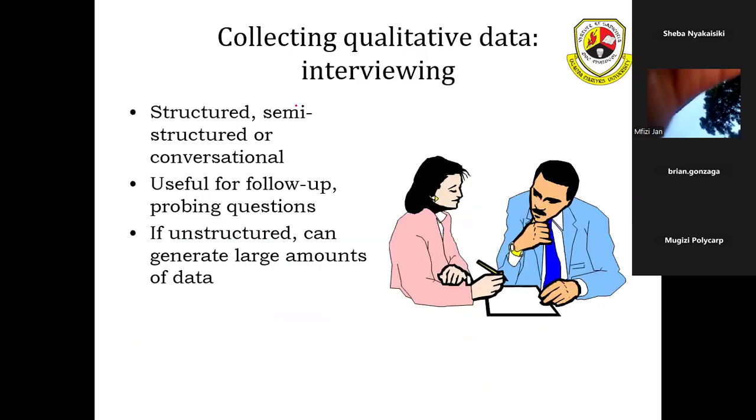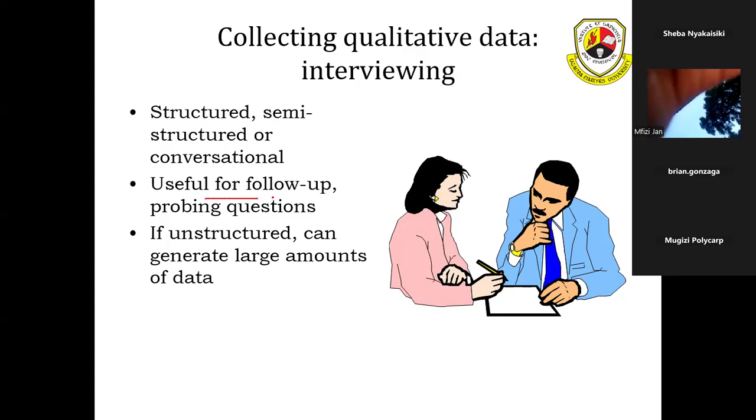So what kind of data can we collect? What is most common is interviews. That is the most common format of data collection. We have structured, where you have very specific questions, then you have unstructured. The structured interview questions are very specific, where you ask your participant.